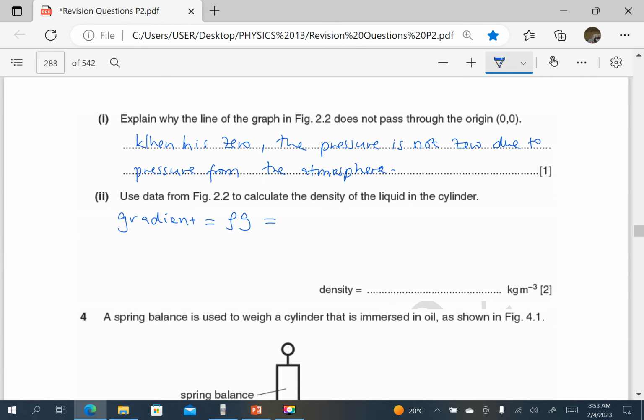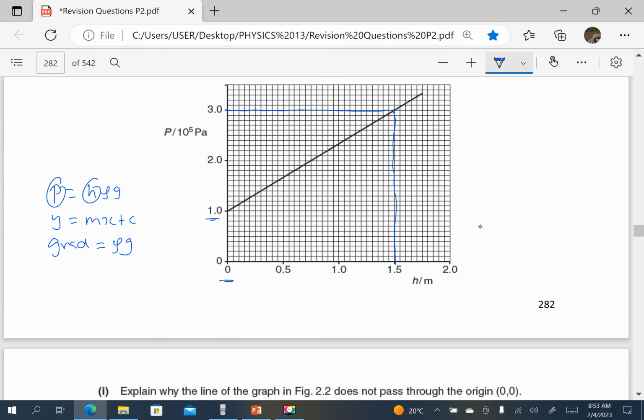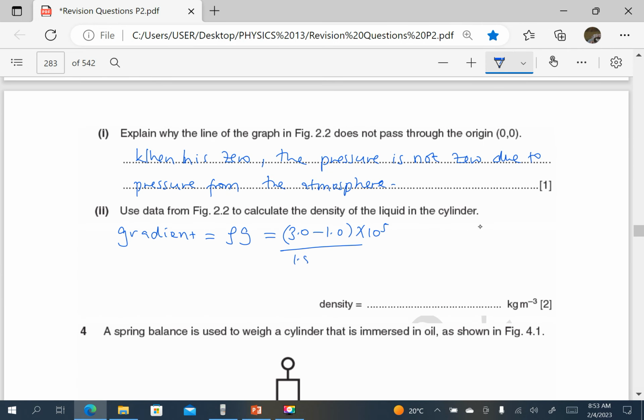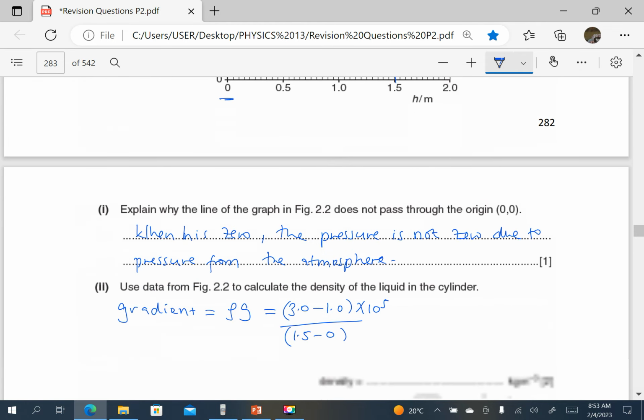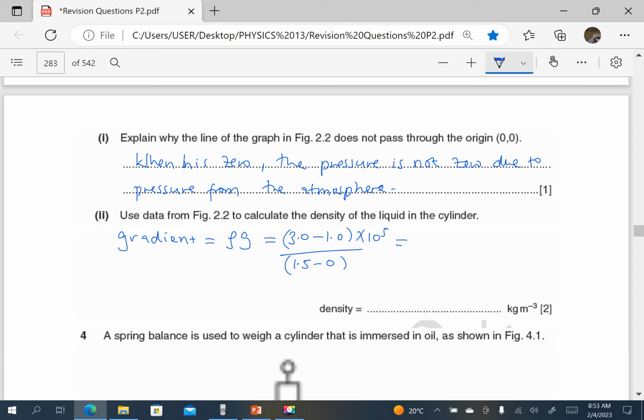Gradient equals 3.0 minus 1.0, and this is times 10 power 5. Divide by, on the x-axis, I'll have 1.5 minus 0. Then the units here were meters, so that is fine. So that is the gradient.